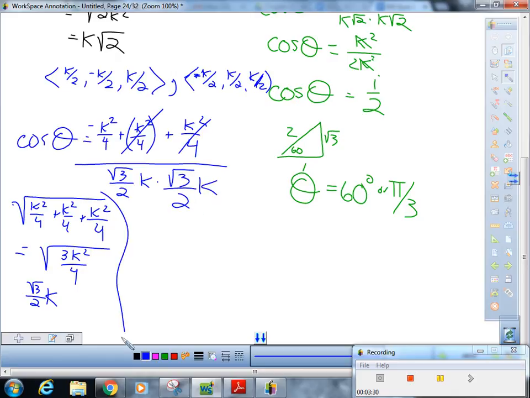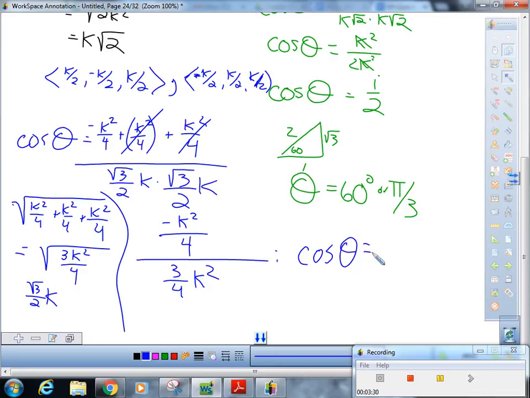All right, moving down. So you end up on the top with negative k squared over 4. And on the bottom, you should have 3/4 k squared. And when dividing by a fraction, you multiply by the reciprocal. So cosine theta is negative k squared over 4 times 4 over 3k squared.